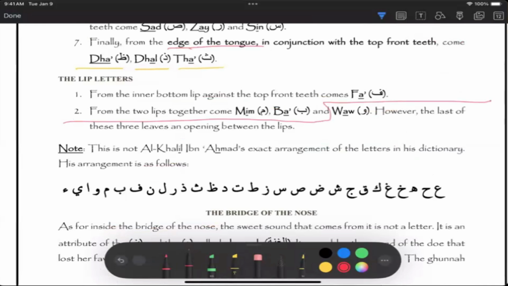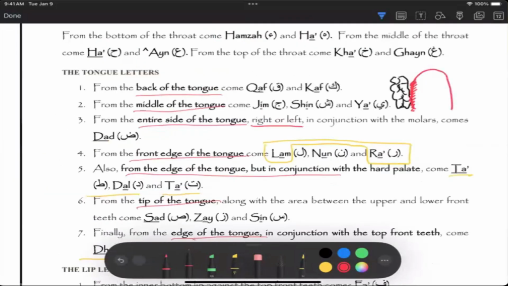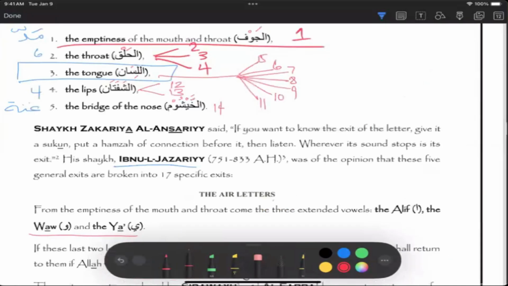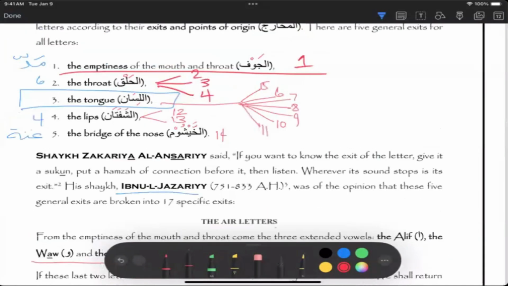So if that's the case, still only brings us up to 15. Well, the Khayshum is, so I'm saying, if we break waw and give it its own category, that's going to be 13, and then 14, and then the bridge of the nose is 15. So there's still 2 more.